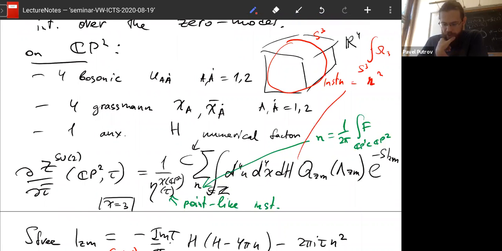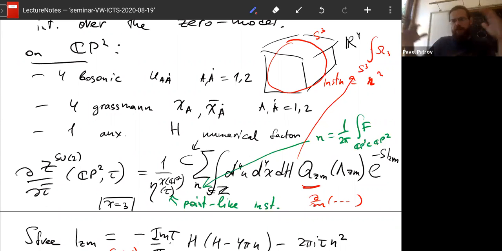You use the fact that Q is something exact, and you can reduce the integral to the integral over the boundary of this R4. Boundary means there is no real boundary; it is at infinity, so you need to truncate the space and then take the truncation to infinity, but we still have a non-trivial limit. Okay.